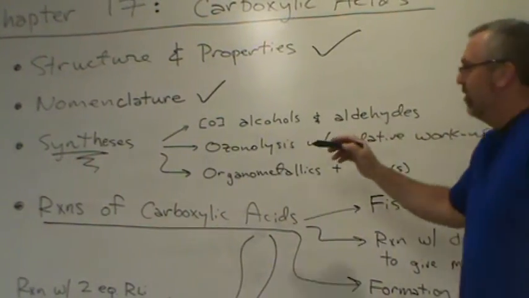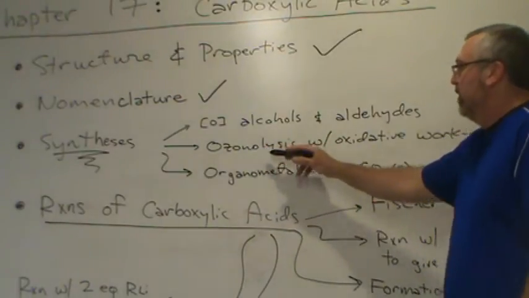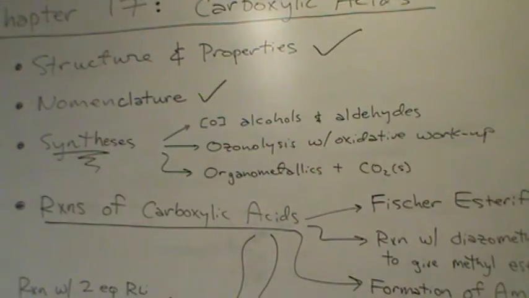Going all the way back into the first semester of organic chemistry, you learned an ozonolysis reaction. This is a reaction of an alkene. Ozonolysis of an alkene, if it's accompanied by an oxidative workup, can, in certain cases, give rise to carboxylic acids, and so we'll review that.